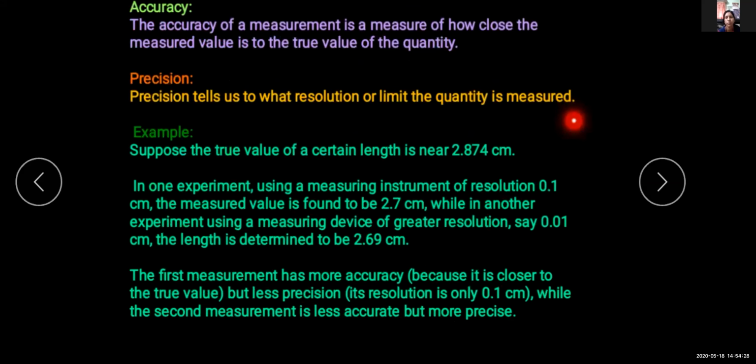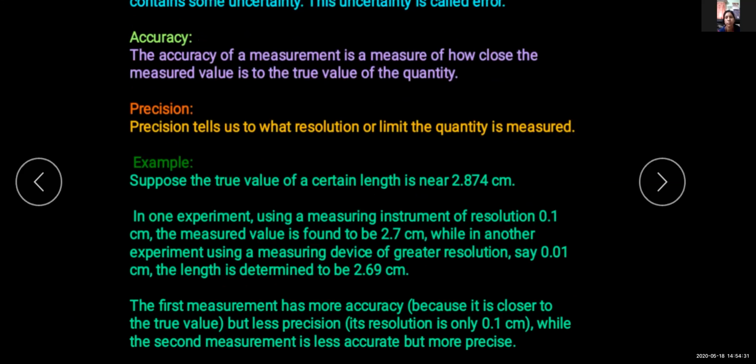So the first measurement has more accuracy because it is closer to the true value, but less precision, as its resolution is only 0.1 centimeter. The second measurement is less accurate but more precise because its resolution is 0.01 centimeter. Clear?